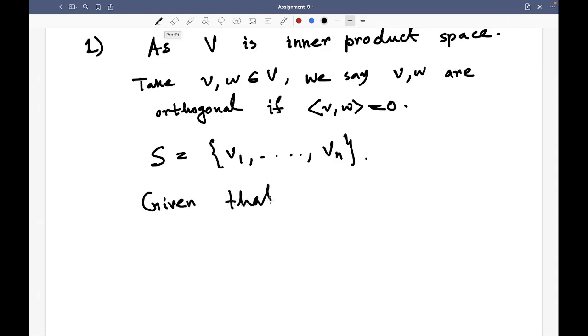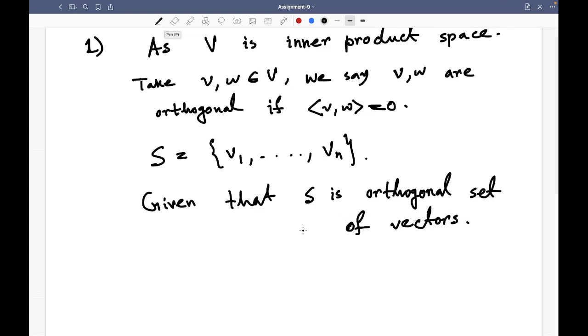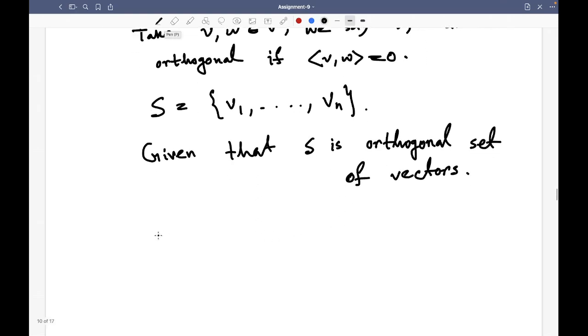Given that S is an orthogonal set of vectors. So we will show S is linearly independent.